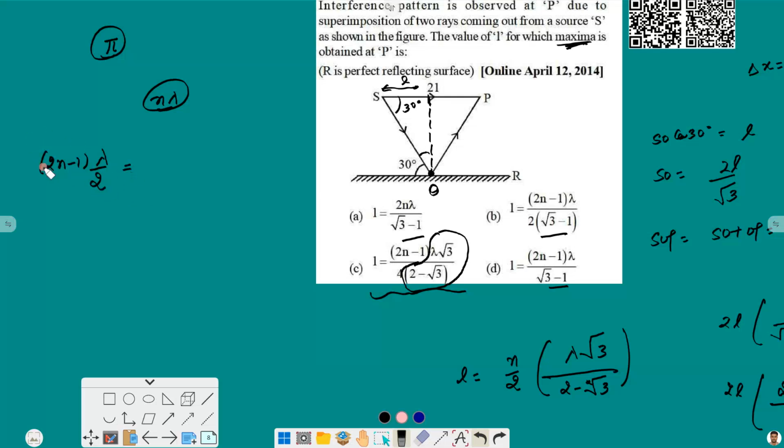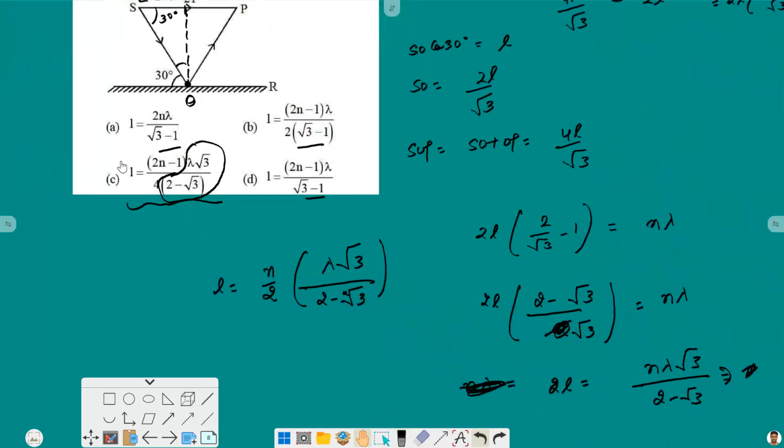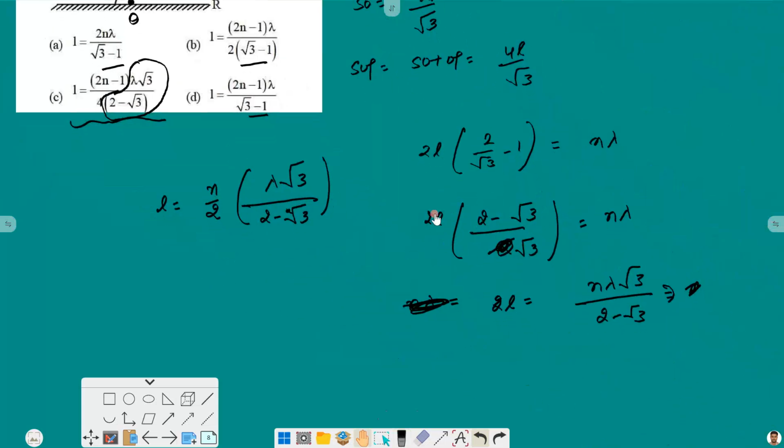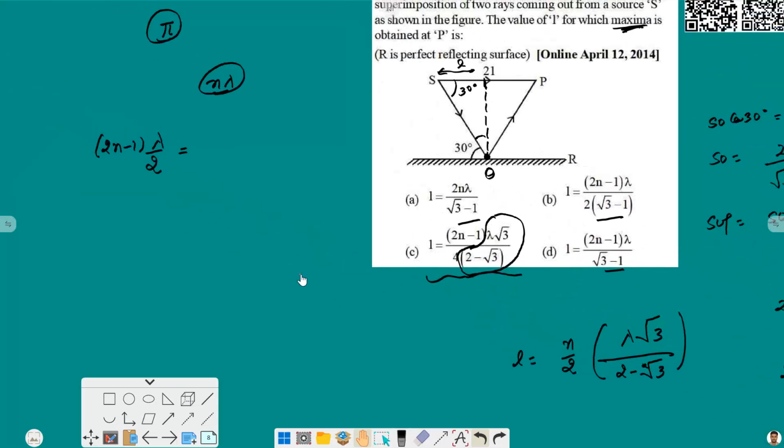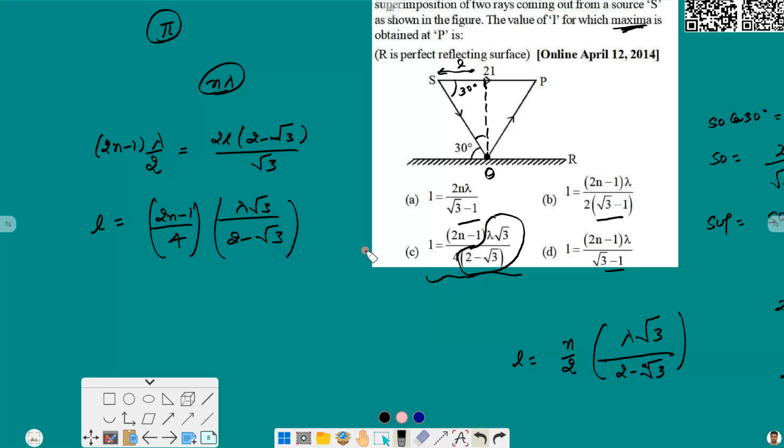If we equate (2n minus 1) lambda by 2 to the path difference, that is 2L into (2 minus root 3) divided by root 3, now if we write the value of L, it will be L equal to (2n minus 1) by 4 into lambda root 3 divided by 2 minus root 3. And that is equal to option C here.